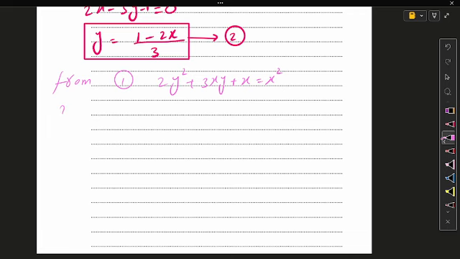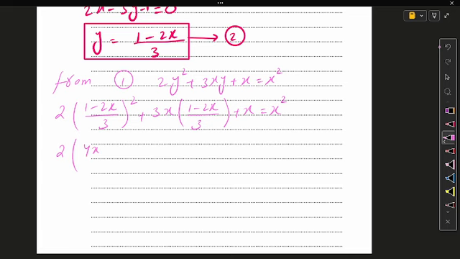So that's going to become 2 times (1 minus 2x over 3) whole square plus 3 times x times the value of y, (1 minus 2x by 3), plus x, which equals x square. Let's do the simplification. 1 minus 2x can be opened using the (a minus b) whole square formula.